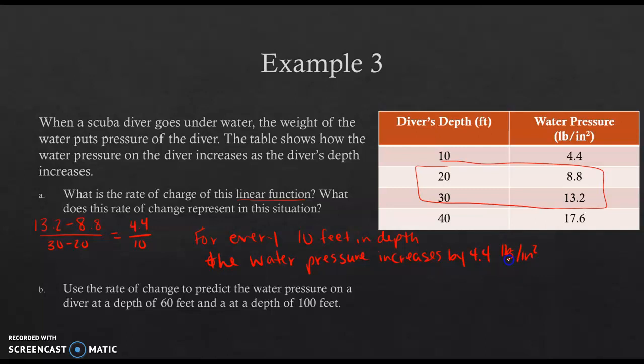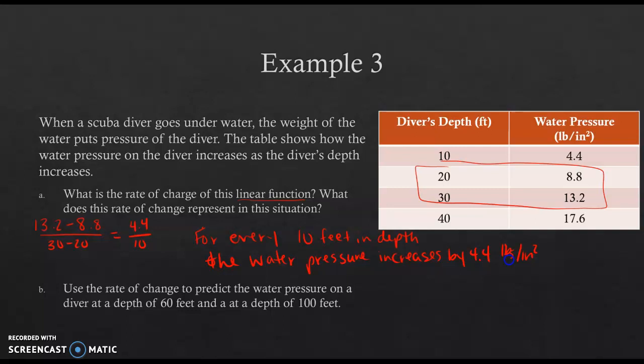Or we could switch that around and say that we increase by 4.4 pounds per square inch for every 10 feet in depth that we dive. Same thing, either way that we write it.